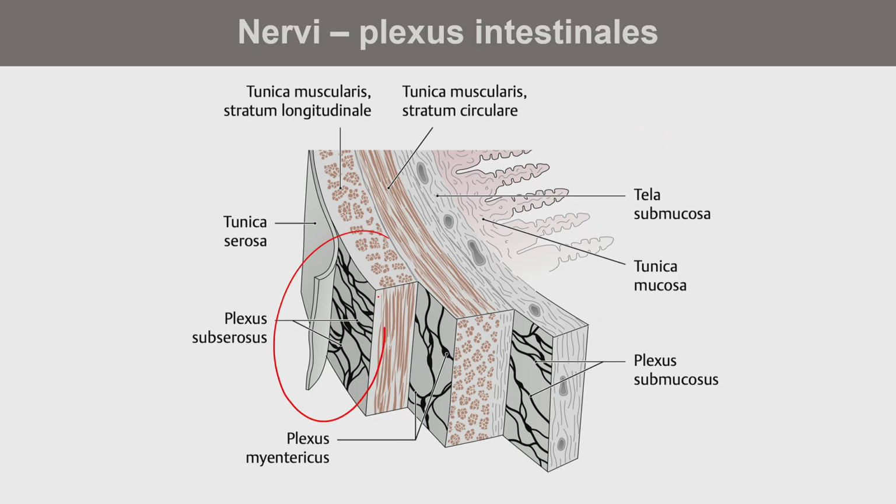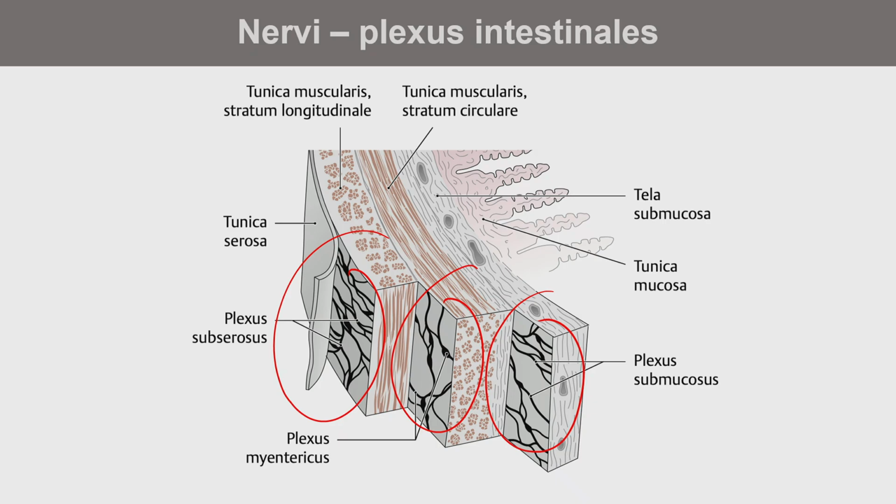Remember, please, that we have also in the bowel wall 3 layers of plexuses, of nervous plexuses. One is submucosus, the second is mesentericus. This is between the layers of the muscle. And the last one is on the surface or below the serosa, on the surface of the bowel.